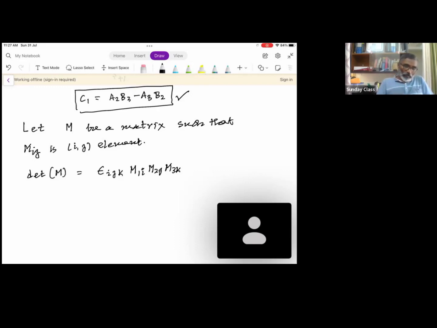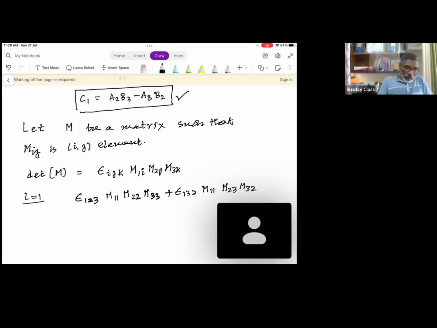Correct. So for example, let us fix I is equal to 1 just to start with. So epsilon 1, 2, 3 into M11, M22, M33 plus epsilon 1, 3, 2 into M11, M23, M32.